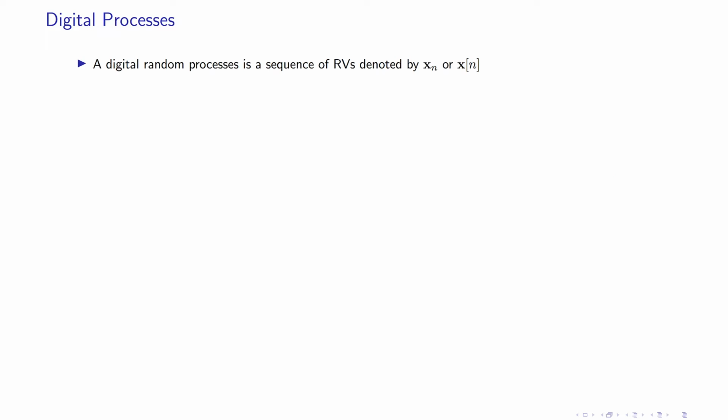So for digital processes, it's simply a random sequence x[n], and the autocorrelation and autocovariance of x[n] can be similarly defined, because if you take two samples at time n1 and at time n2, the expected value of this product is called the autocorrelation function.